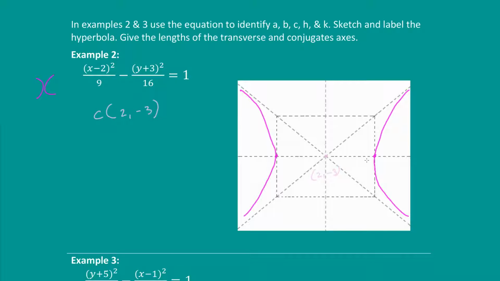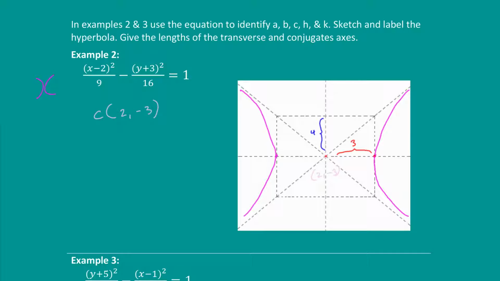That means that this value right here is going to be 3, because that's our transverse axis radius, half of the transverse axis. That's our A value. Our B value is going to be the square root of 16, which will be 4.